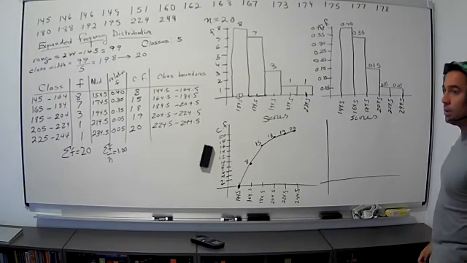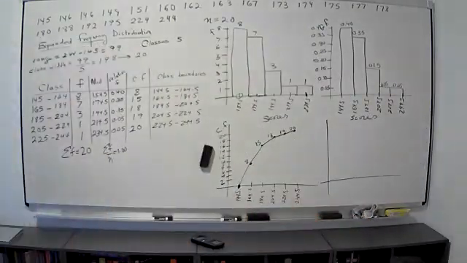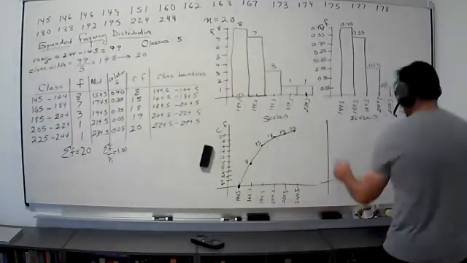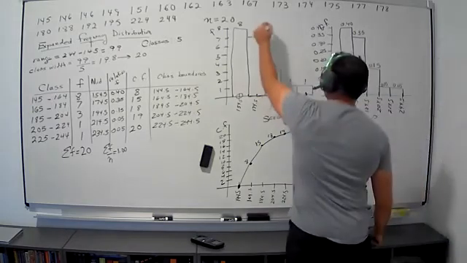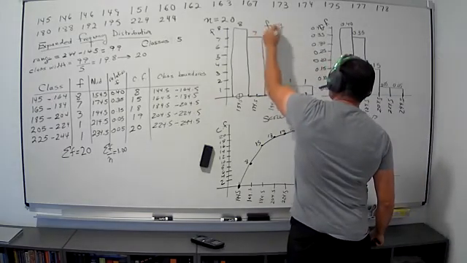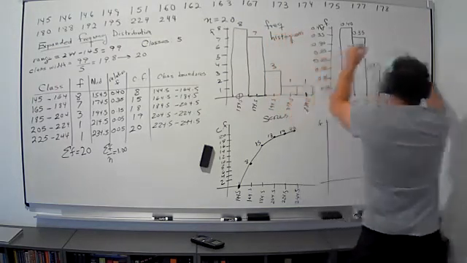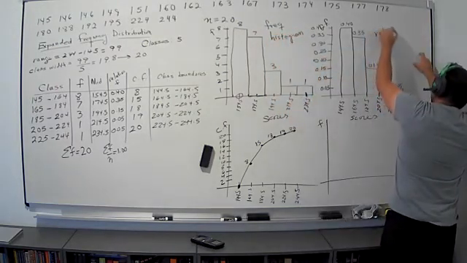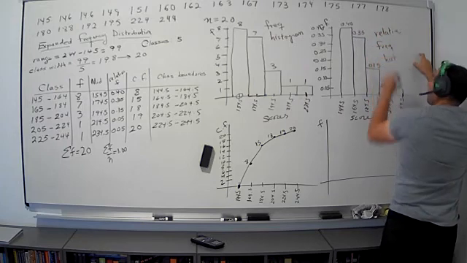So the last one was you need to do a frequency polygon. And for a frequency polygon, you have no choice but to use midpoints. So this here, remember, is a frequency histogram. This one is a relative frequency histogram.